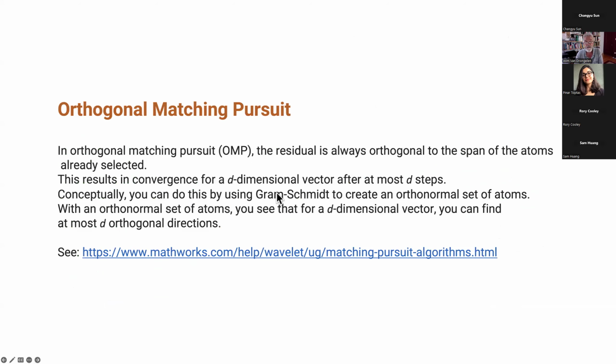The idea there is that you're using what is called the Gram-Schmidt method that creates, by design, orthonormal sets of atoms. So if you ever want to think about using matching pursuit, I would strongly suggest that you look at this alternative, because that is nicer, because now your different components are truly independent.